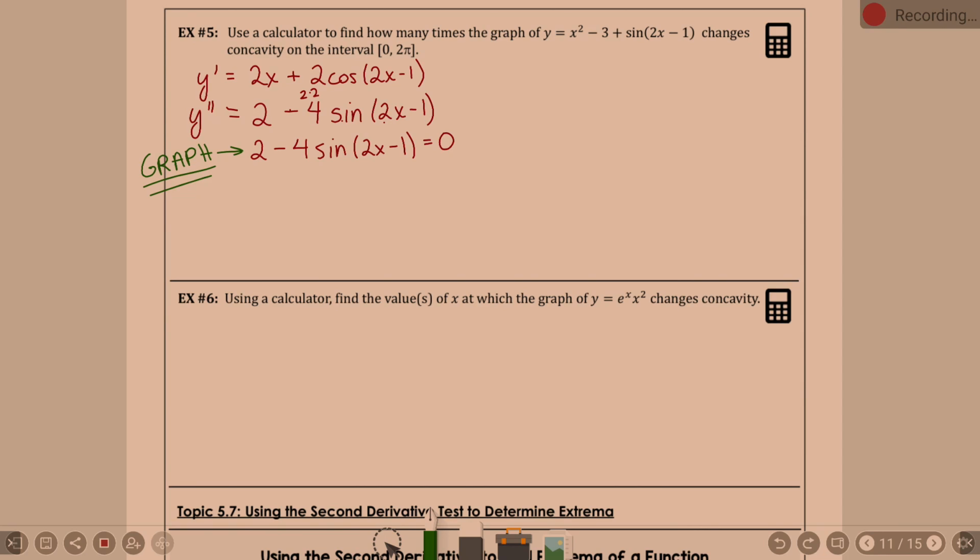Now, what's the interval we're talking about? 0 to 2 pi. Should you change your window? Yeah, because all we care about is from 0 to 2 pi. So I'm going to put my x min as 0, my x max as 2 pi, and hit graph again. That's cool.